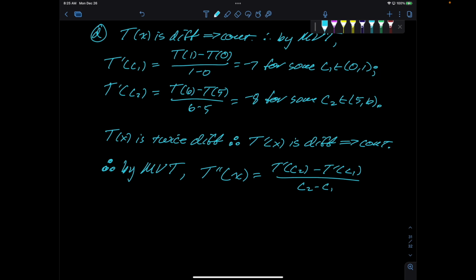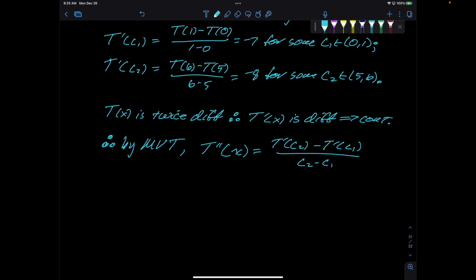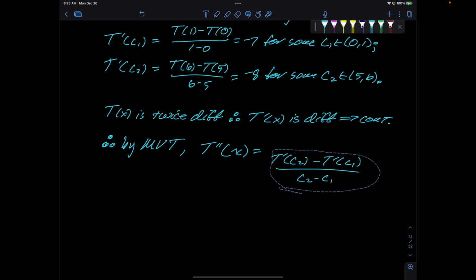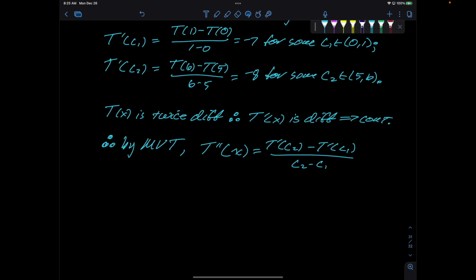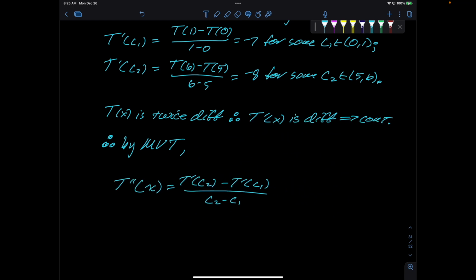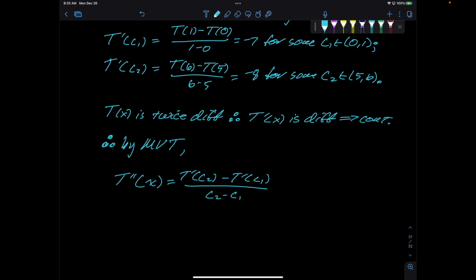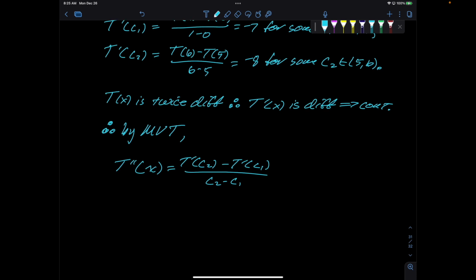Now this is definitely negative, because C2 is bigger than C1: C2 is from 5 to 6, whereas C1 is from 0 to 1. So the denominator is definitely positive. The numerator is -8 minus -7, so -1 over C2 minus C1, which is less than 0.